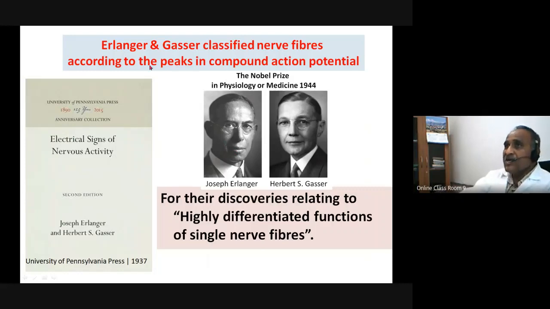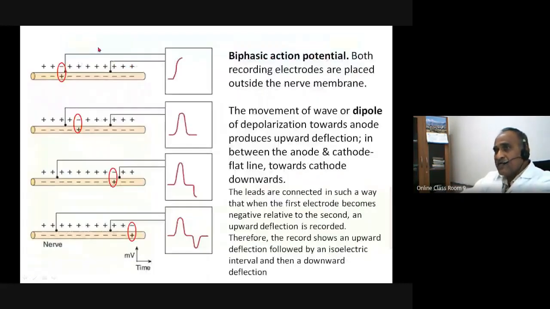Having understood the Erlanger and Gasser work and what they did, they recorded the compound action potential. I am briefing you about how the compound action potential is recorded. The compound action potential is recorded by placing electrodes on the surface of the nerve fiber. Suppose this is the nerve fiber, and you place a recording electrode on its surface.